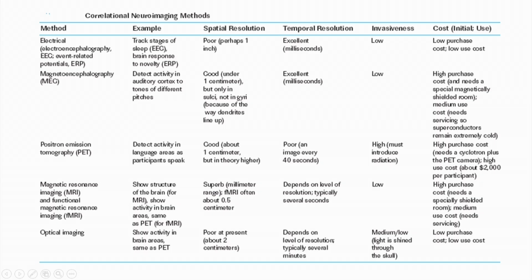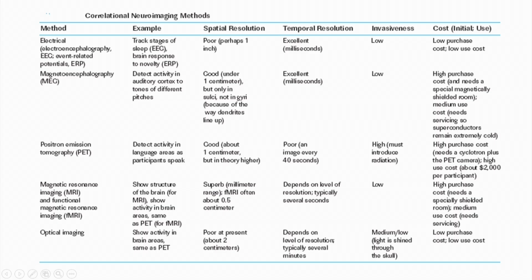The last method that we use here is called the optical imaging method, and this is a recent addition. It has been found that the brain is transparent to certain kinds of light waves, and when these light waves are shone into the brain through a laser, the speed with which they return can give you an idea of how much blood is flowing through that particular area.